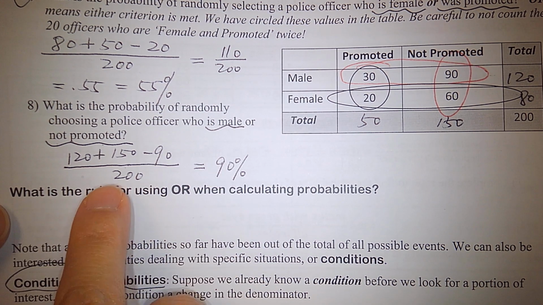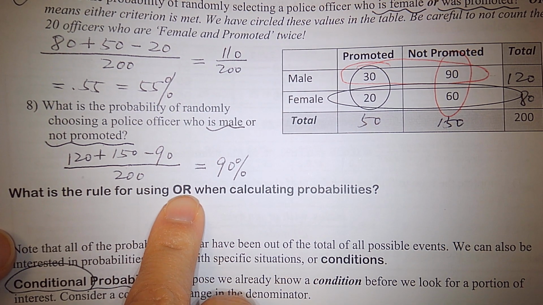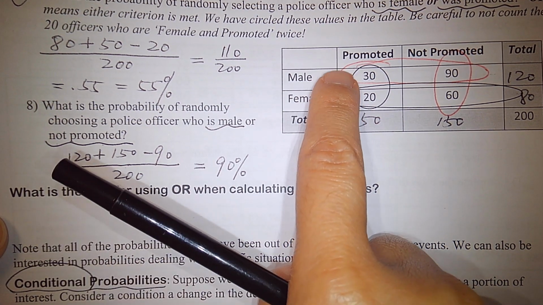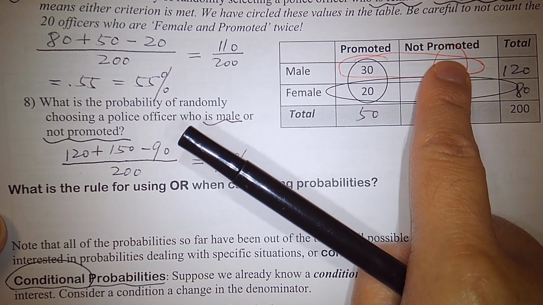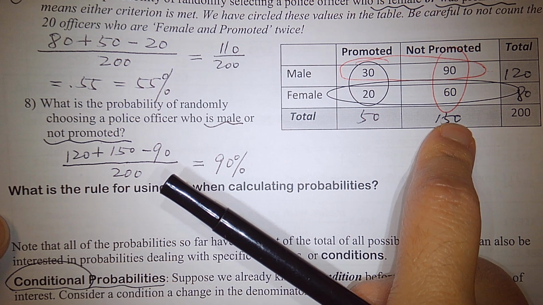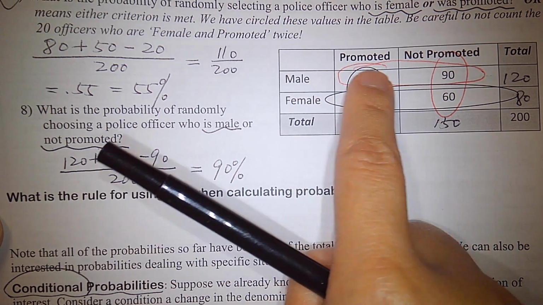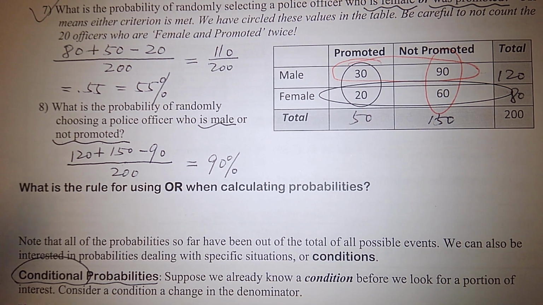Now, if we're going to summarize the rule for using OR probability, what is the rule? Add up what? The values in the union of the criteria. What does union mean? Either this or that put together, right? So union, okay?